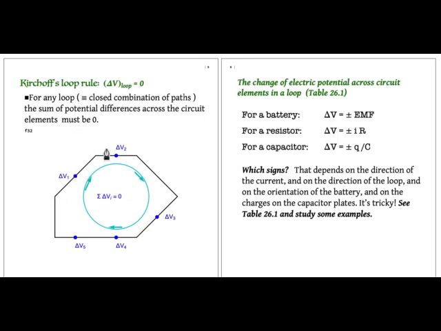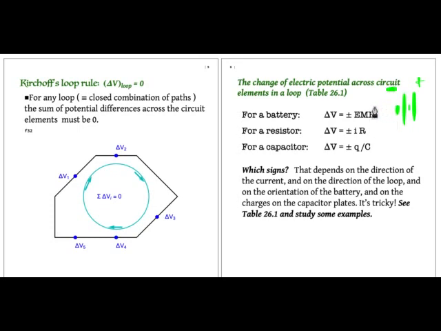So what's delta V for a battery? Well, delta V for a battery is either plus or minus the electromotive force, EMF, of the battery. A battery is a little chemical reactor that maintains a constant voltage difference between its 2 electrodes. So this is the high potential side, this is the low potential side.